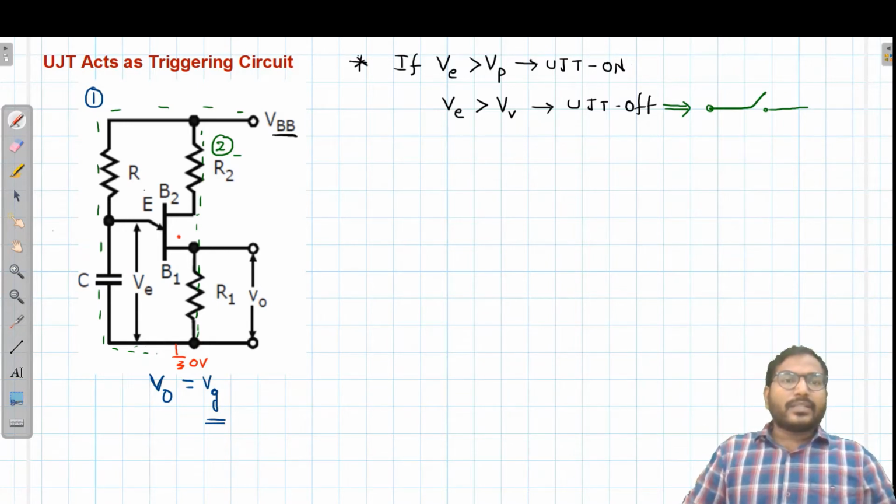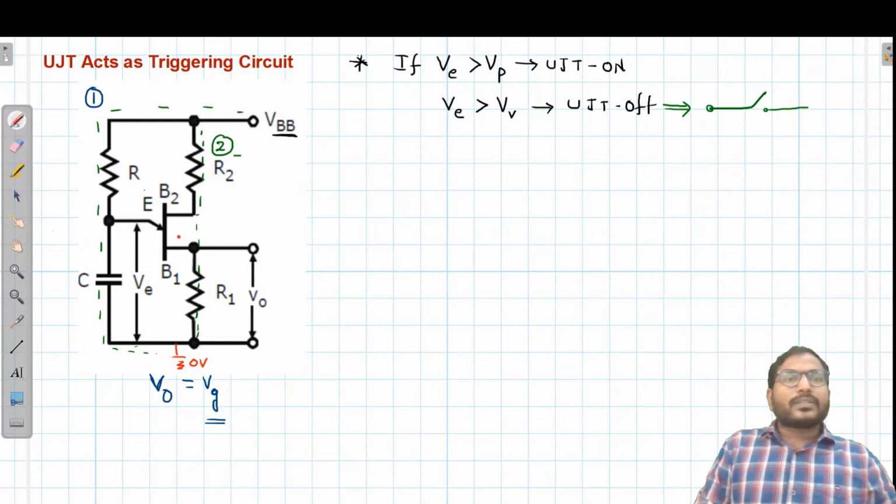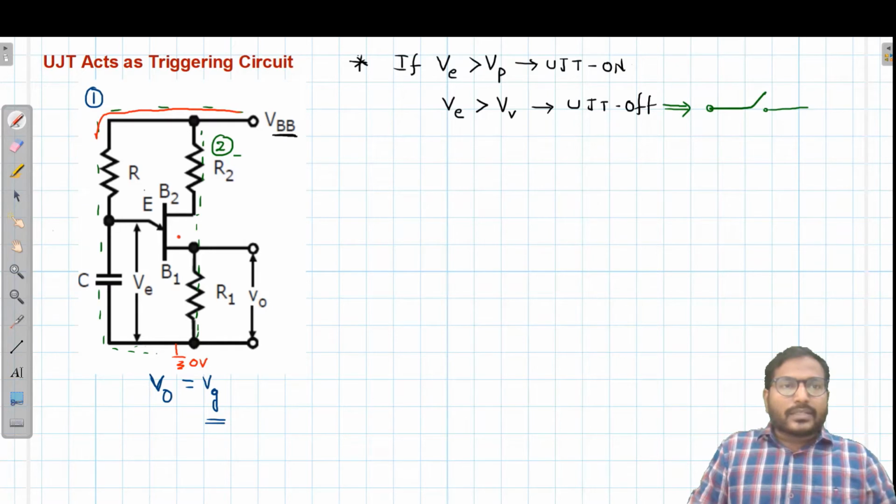That's why initially the second path is not available to allow current. Only the first path allows the current. This red line represents the path of the current, flowing from the supply to the neutral or ground point.